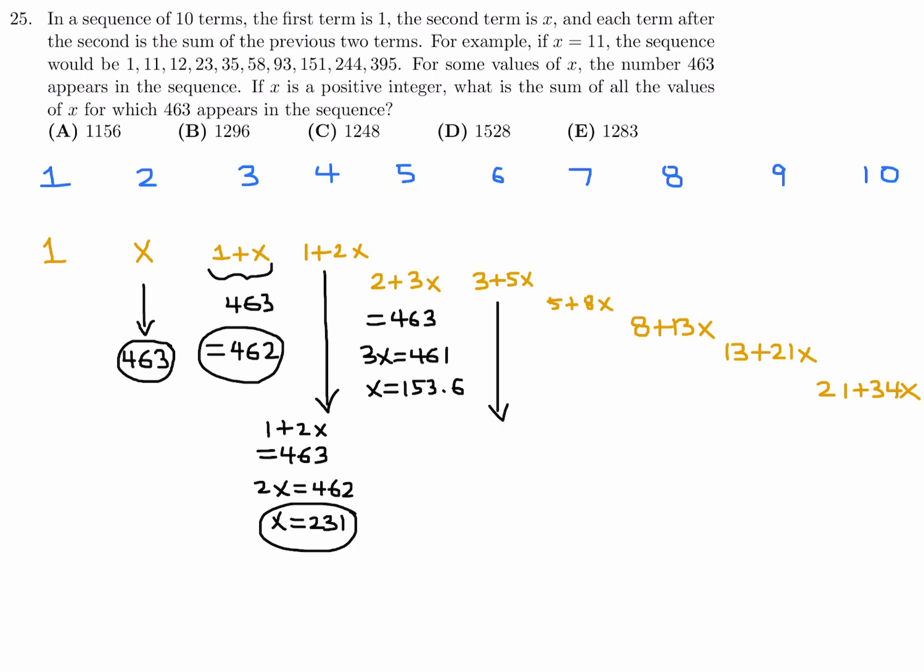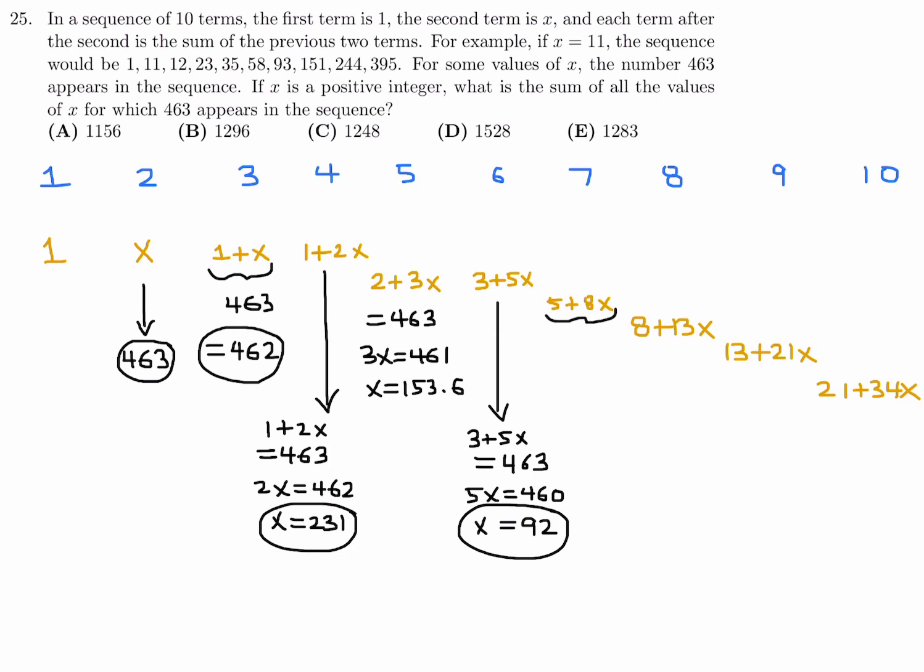Let's keep going here. Basically, we're going to set all of these to equal 463 and then solve for x. And if it's an integer, we keep it as a possible value of x. So doing this one, 3 plus 5x is 463. 5x is equal to 460. And therefore x is equal to 92. Okay, that's an integer, so I keep that. All right, keep going here.